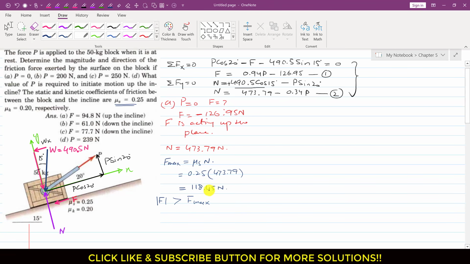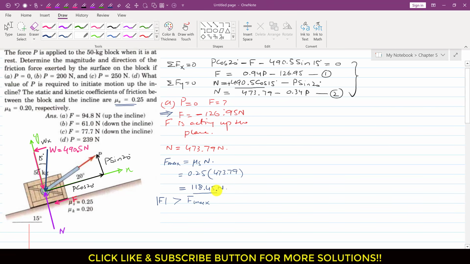This means that the friction force value we got from assuming that the system is in equilibrium is not accurate, because the system is not in equilibrium. The surface can offer a maximum friction of 118.45 newtons, but the friction value from the equilibrium condition is 126.95, which is more than the maximum friction that can be offered.